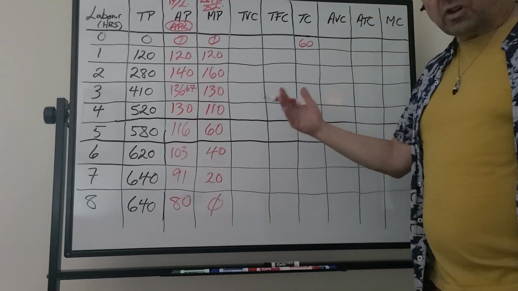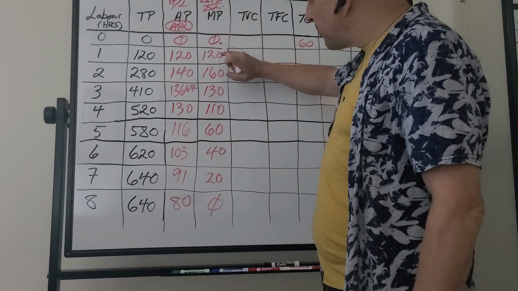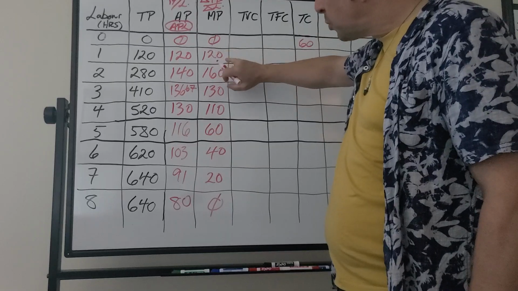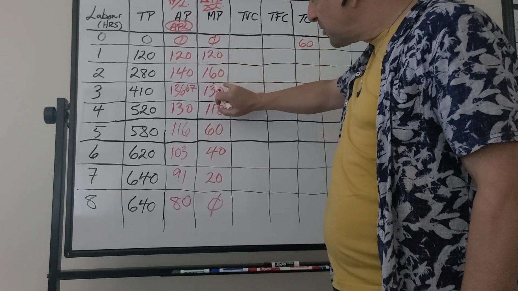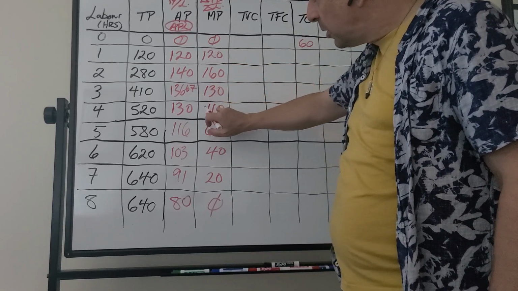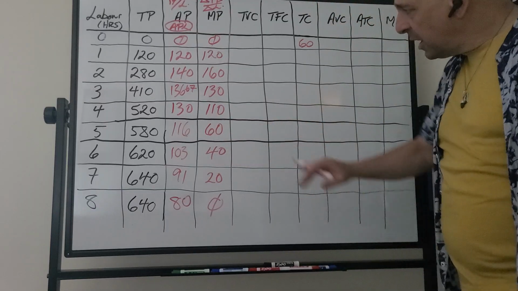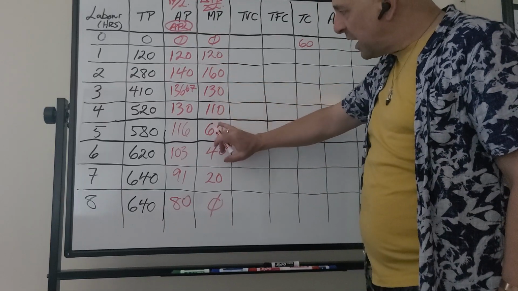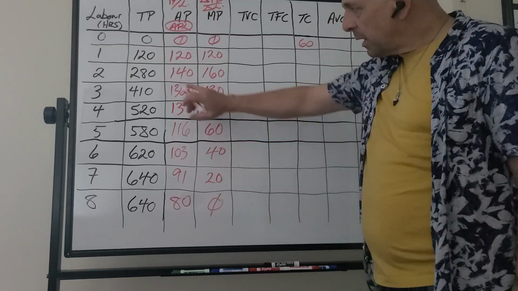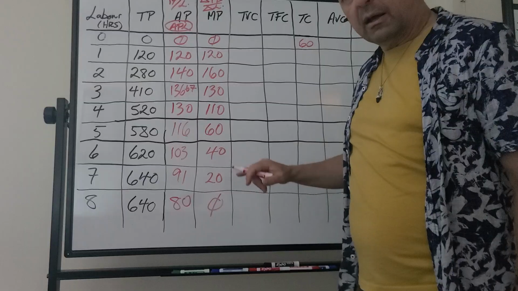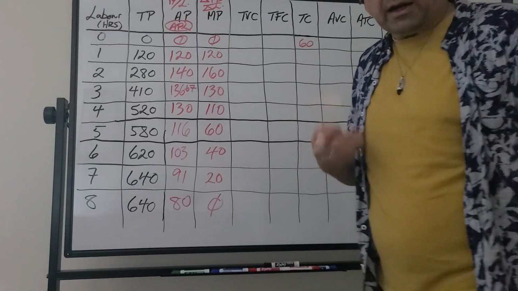Now you can see the way that this increases, right? We get a lot more out of the first one, we get quite a bit more out of the second one, but then our additional amount of product starts to decline after the second unit. After the second unit of labor, we add another unit of labor and we get less additional product as a result.